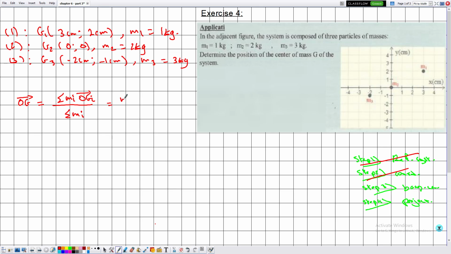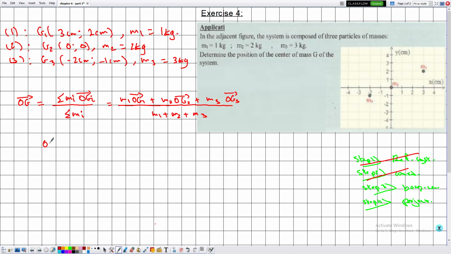So it's equal to M1 OG1 plus M2 OG2 plus M3 OG3 divided by M1 plus M2 plus M3.